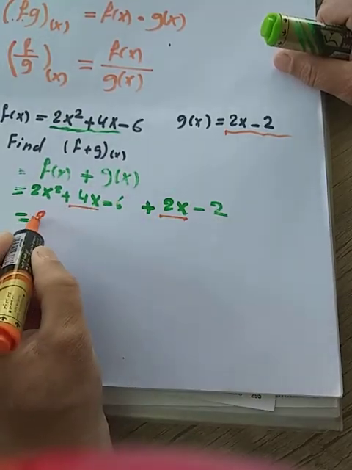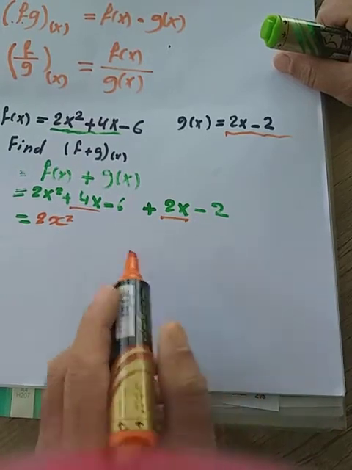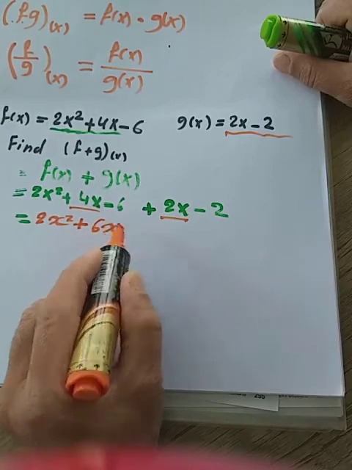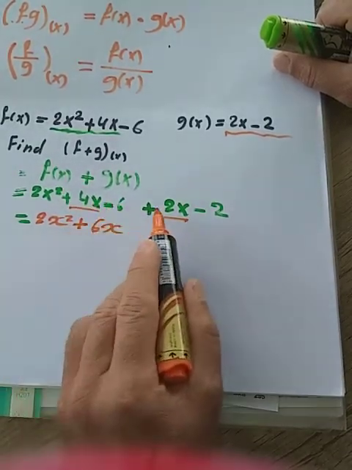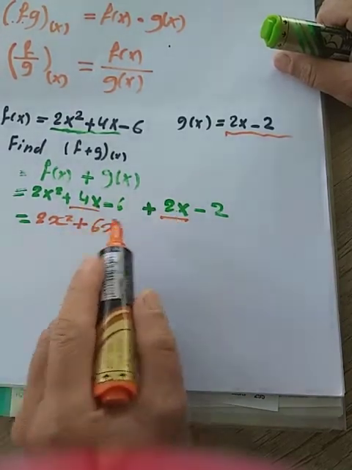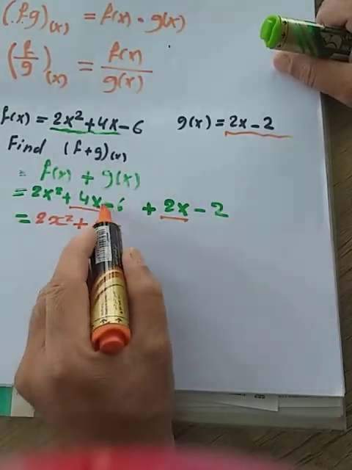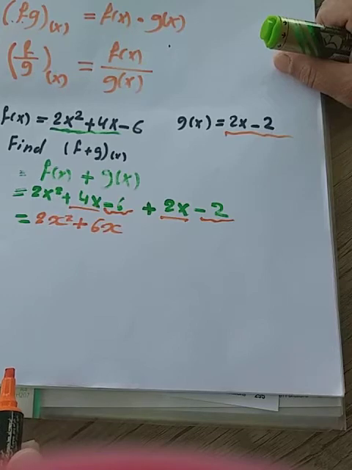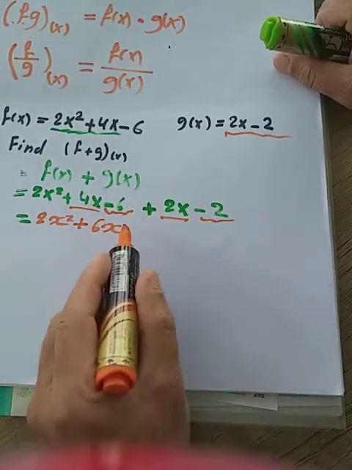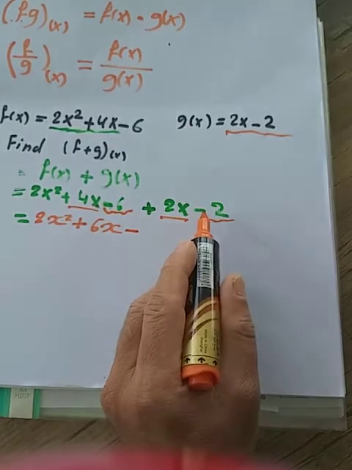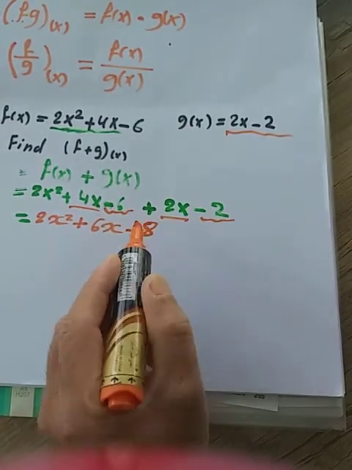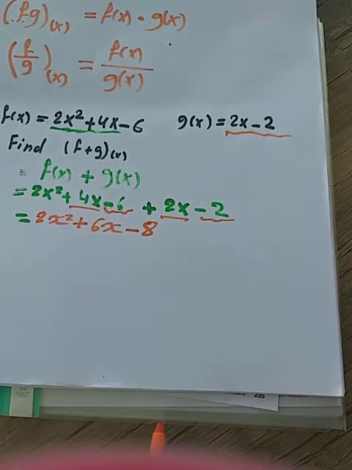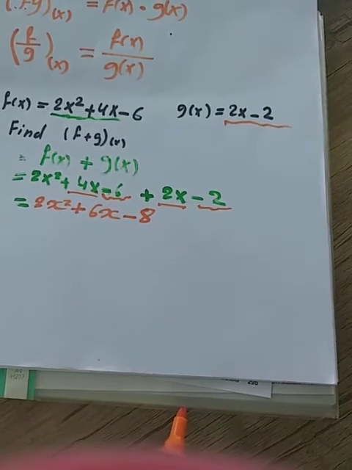No, write it down, 2x squared. 4x plus 2x is 6x. Constant terms: minus 6 minus 2. If we have the same sign, we add, so it will be minus 8. Answer A is 2x squared plus 6x minus 8.